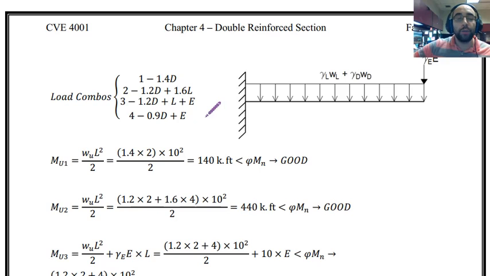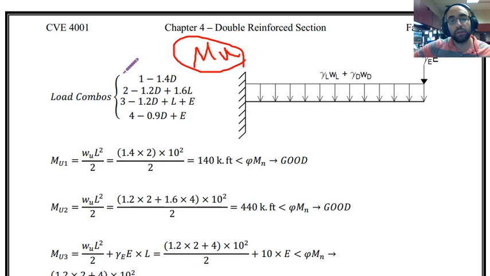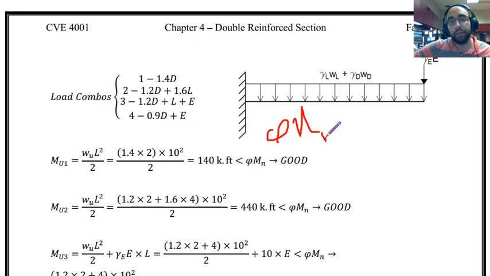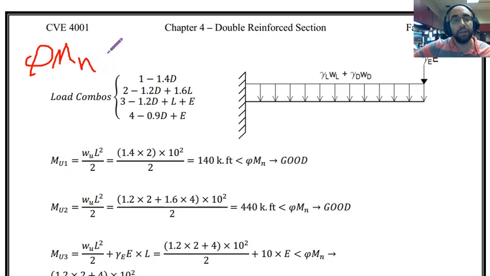And those are used over here, 1.2 dead plus live plus earthquake, and the other one is 0.9 dead plus earthquake. So I am going to calculate Mu, the ultimate moment, because of all of these load combinations, and compare it versus phi Mn and see what is the situation. If phi Mn is smaller than Mu, it means the section fails.